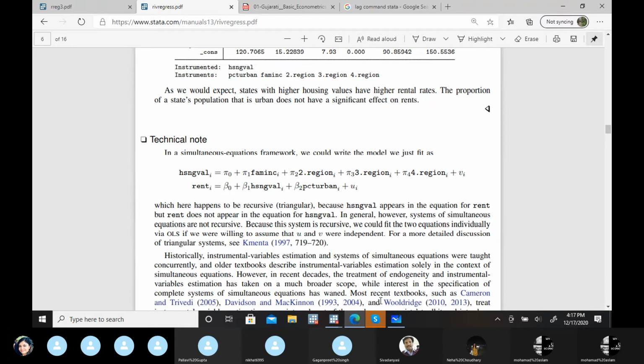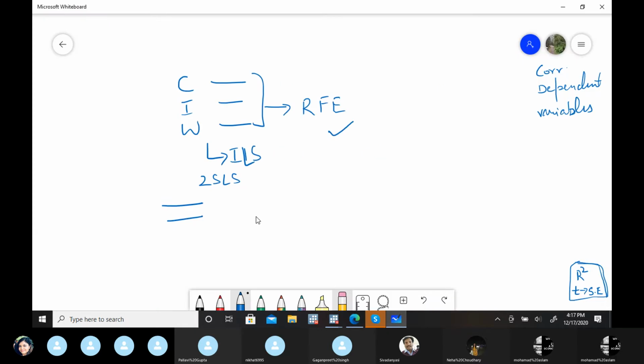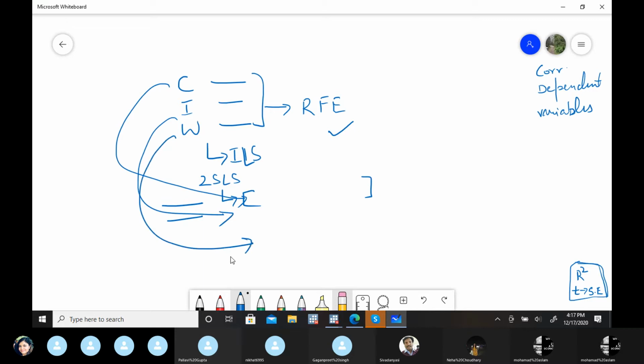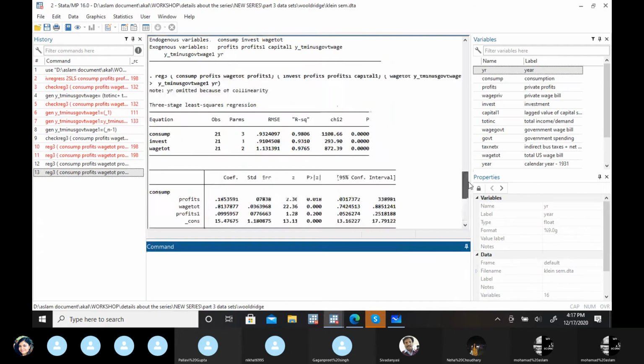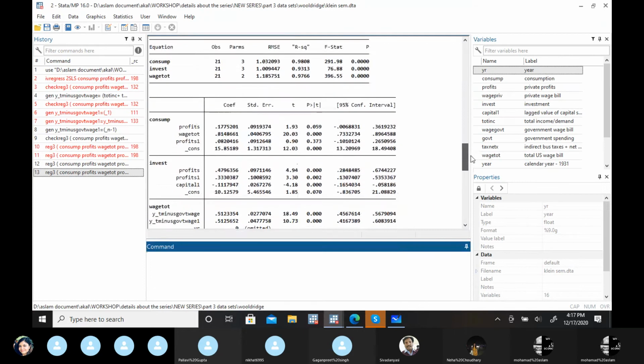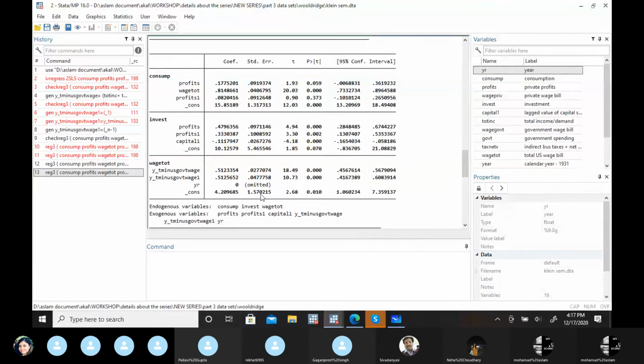But if it's 3SLS, then the results which we get after 2SLS, let's suppose you will get these three equations, right? After the 2SLS process, like we did here, these three equations, we have these estimates.